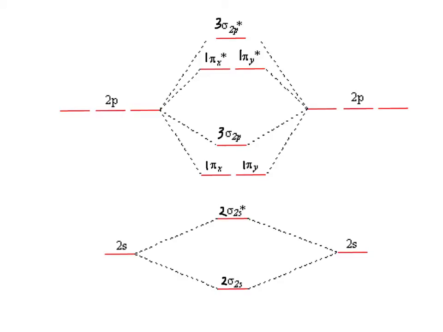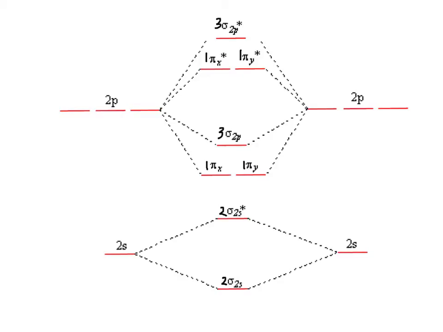It's not shown here, partly because we have discussed that before, and also to provide some additional space for clarity. The two 1s atomic orbitals would combine together to form the bonding and antibonding molecular orbitals 1 sigma 1s and 1 sigma 1s star, and those are lying below the molecular orbitals that you are seeing in this slide.